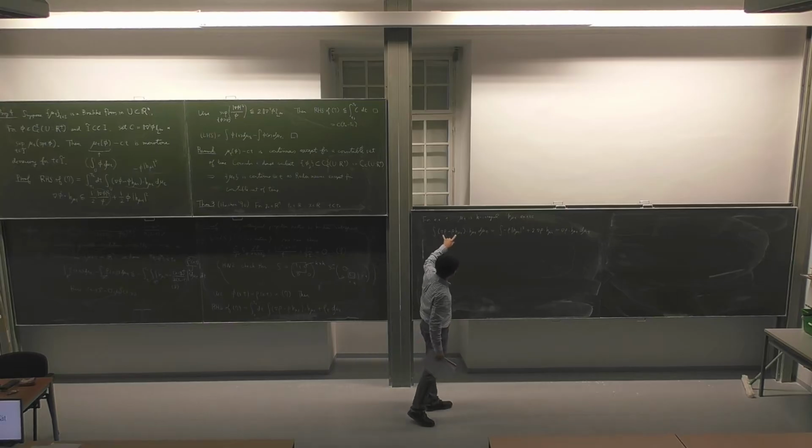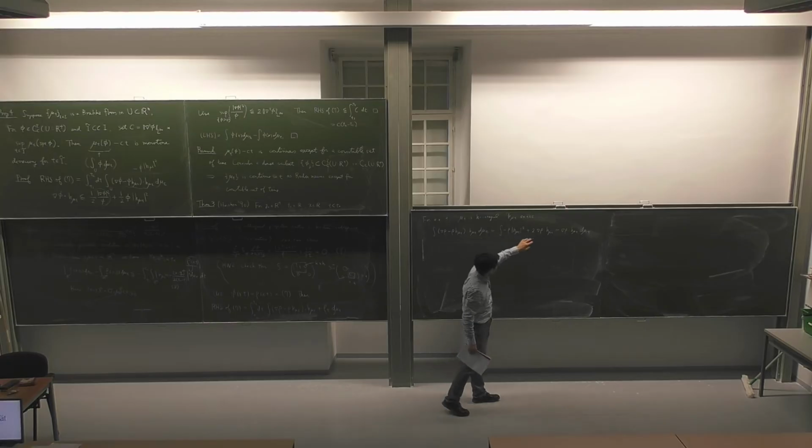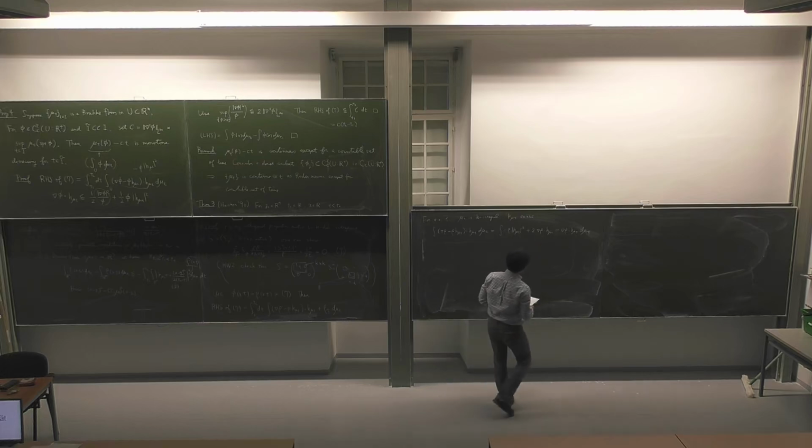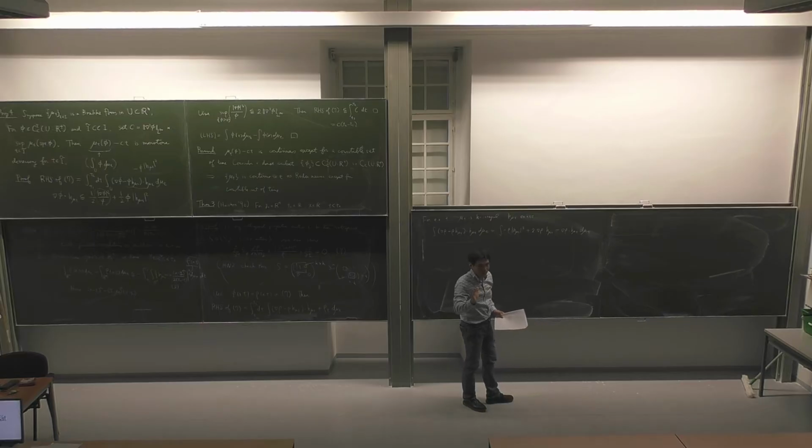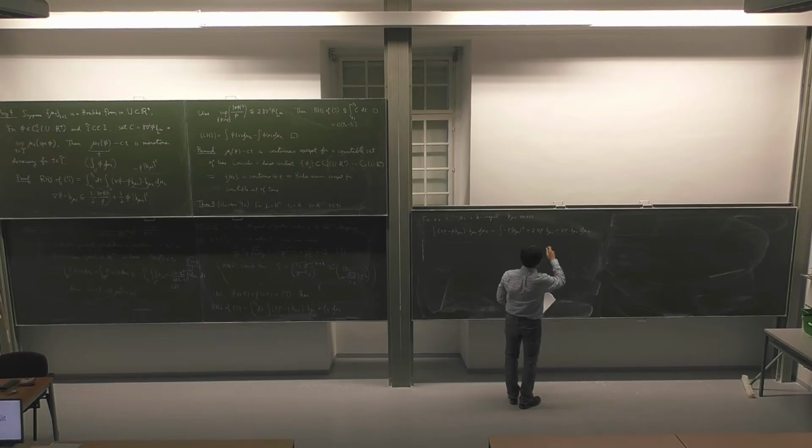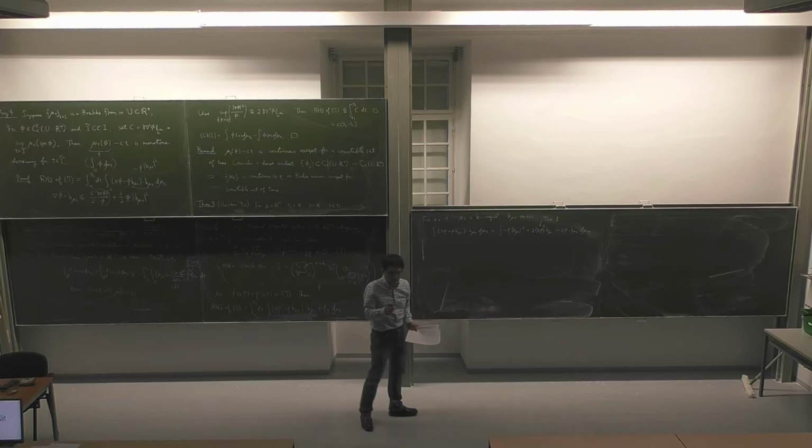So in this nabla rho dot h, I could add and subtract 1. I'm doing this sort of silly thing, but by theorem 1, I know that this h is perpendicular to the tangent space, so I could project it onto the normal space.